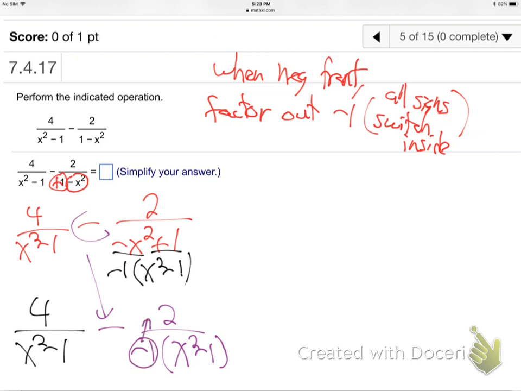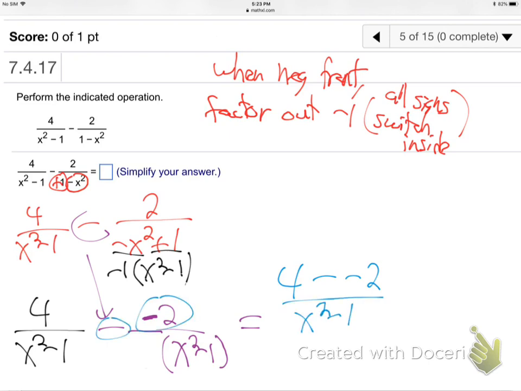I move it up top because I want the two denominators identical. Move that up top, and it becomes minus 2 up there. Now, the two denominators are identical, so I can combine them. We get 4 minus minus 2, right? Minus minus 2 over x squared minus 1. And that is 6, right? Because these two minuses, as you know, add. 6 over x squared minus 1. There we go.